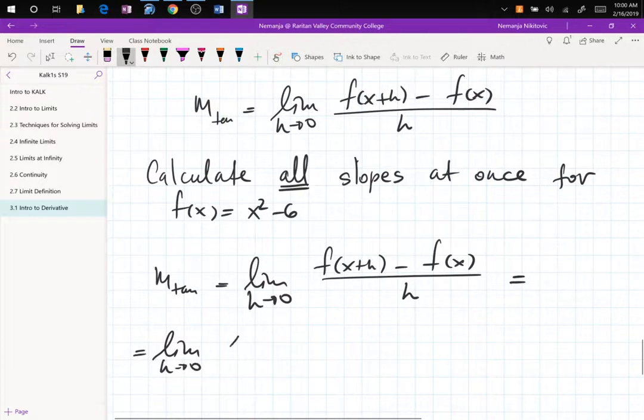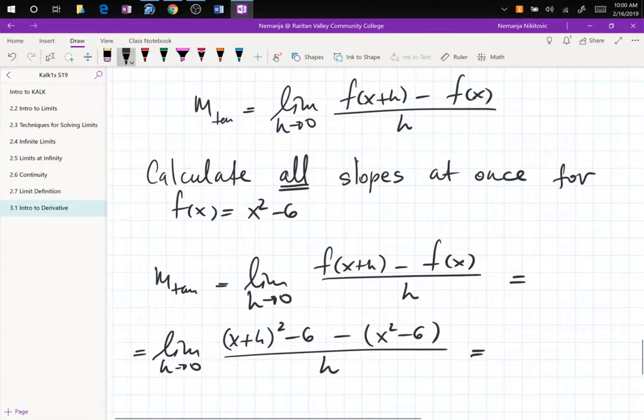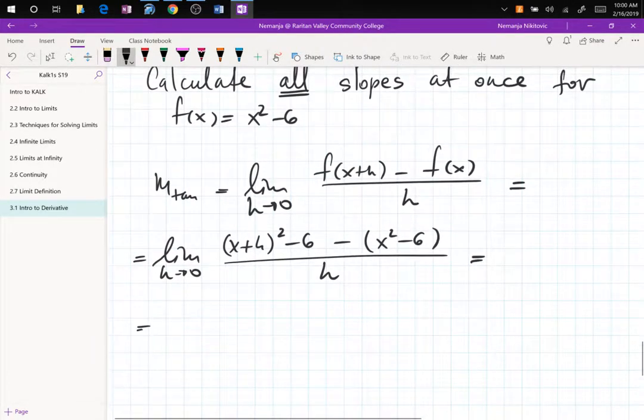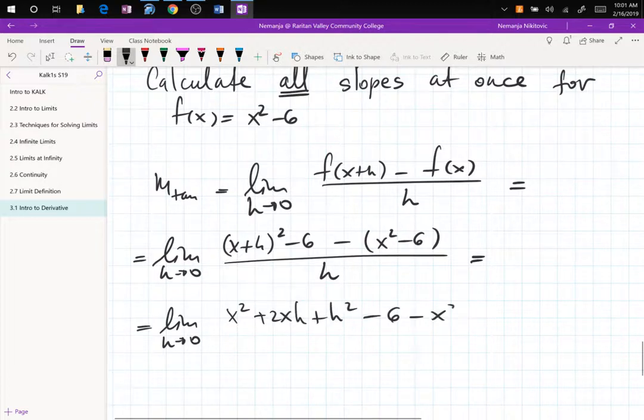So I have my x plus h squared minus 6 minus x squared minus 6, divided by h. Limit h goes to 0. Expand. x squared plus 2xh plus h squared minus 6 minus x squared plus 6, divided by h.